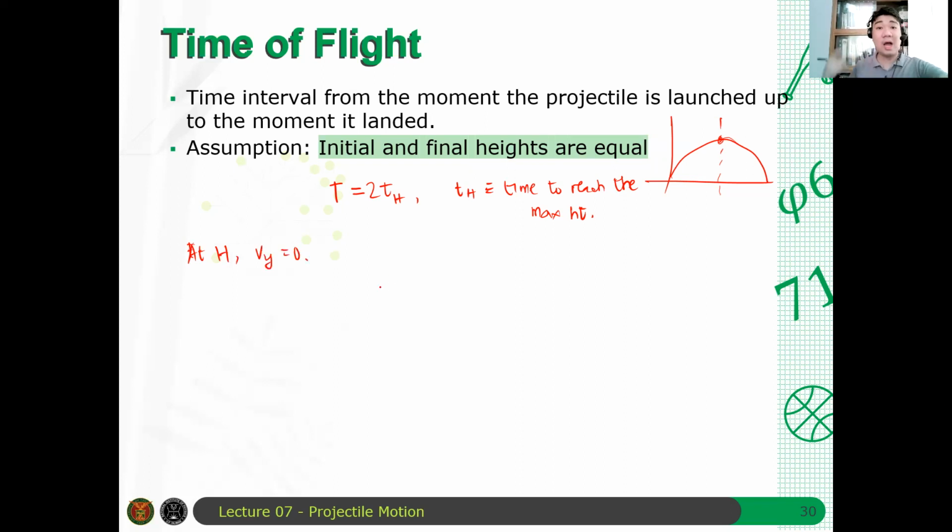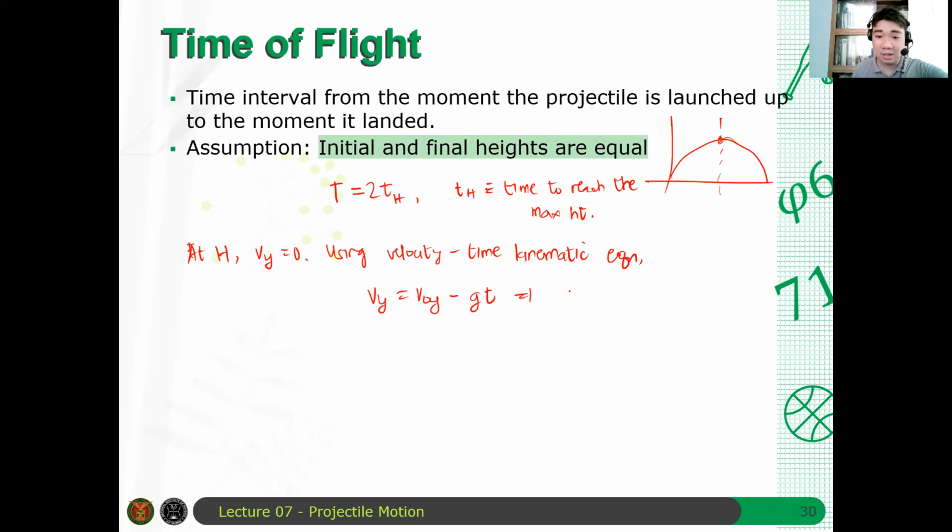And therefore, we can use the velocity-time kinematic equation. We see that vy equals v naught y minus gt.